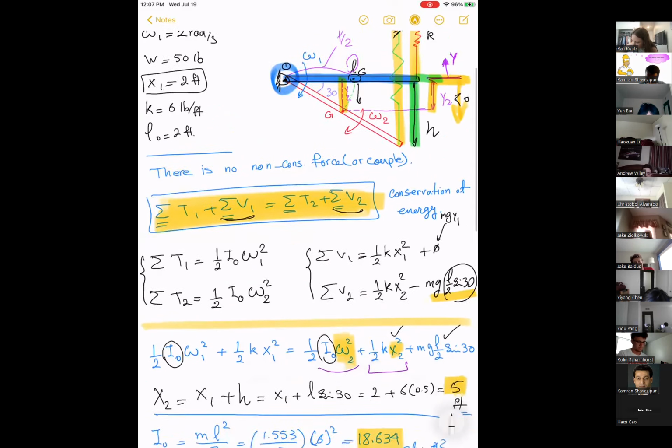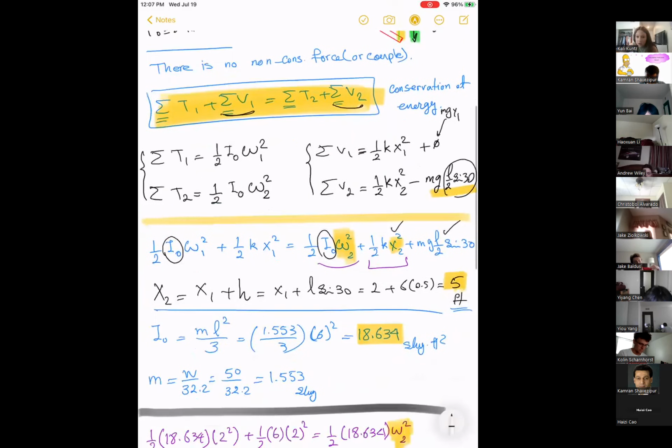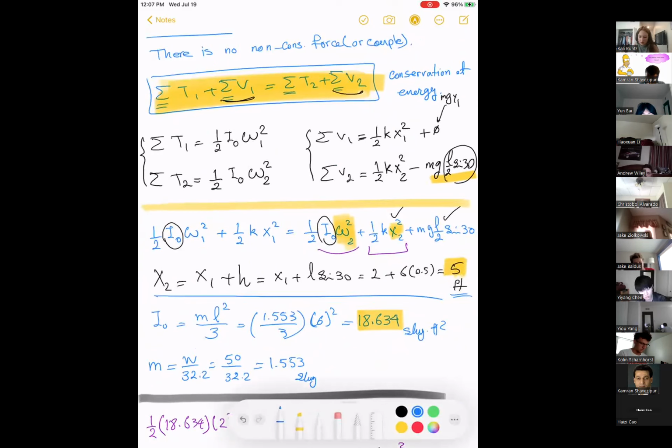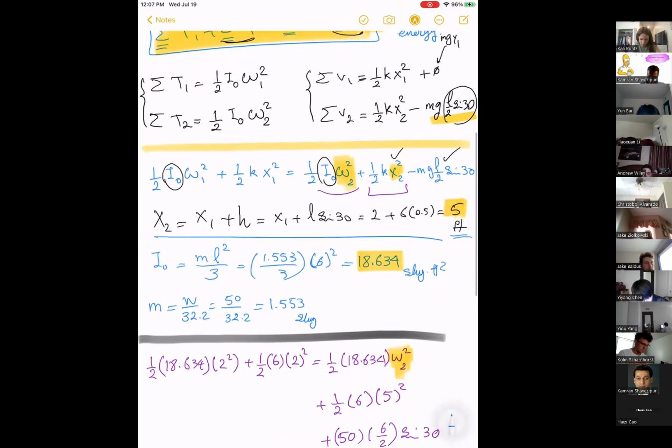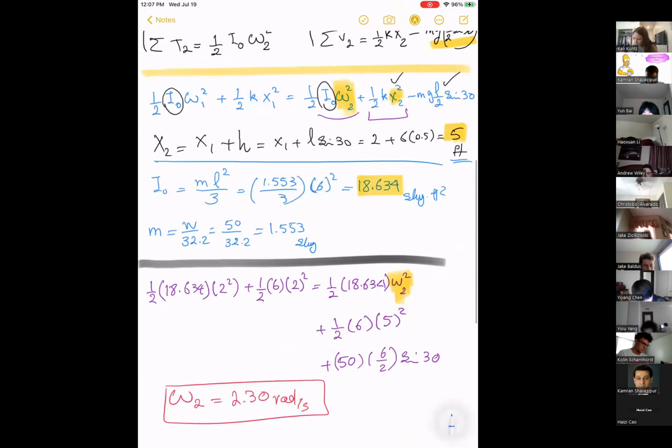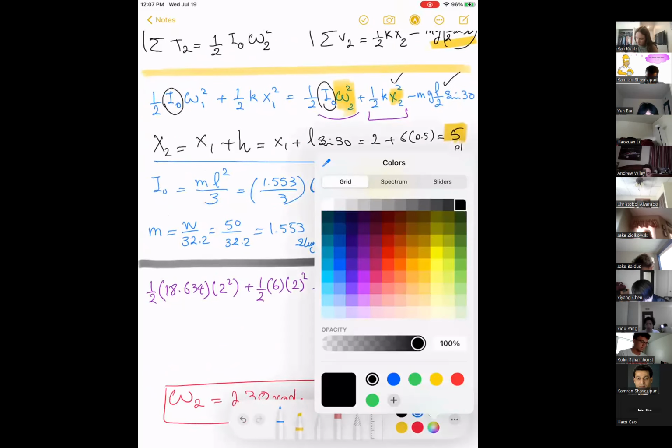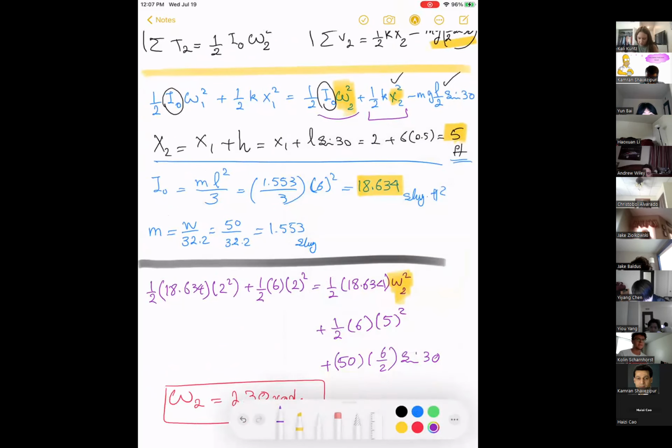If you keep this negative and make it here negative and put it here as negative, then you should get a positive number.